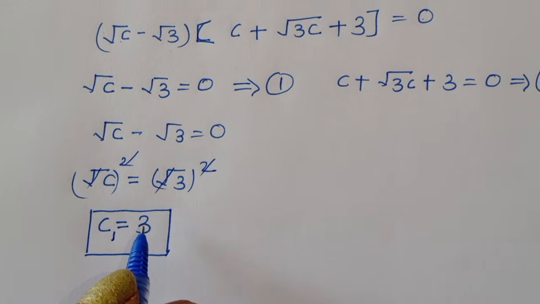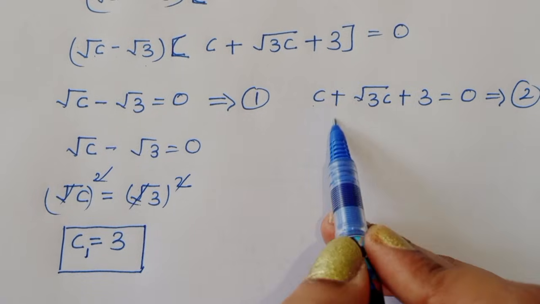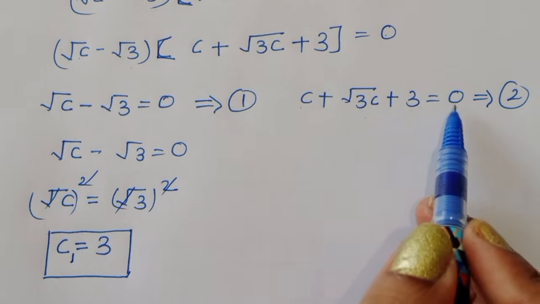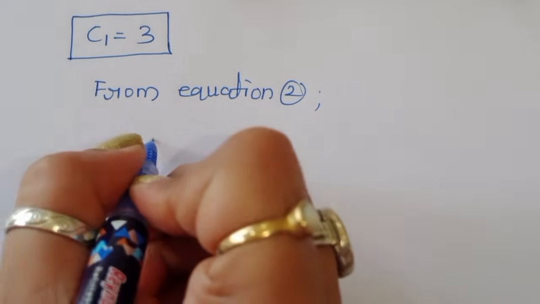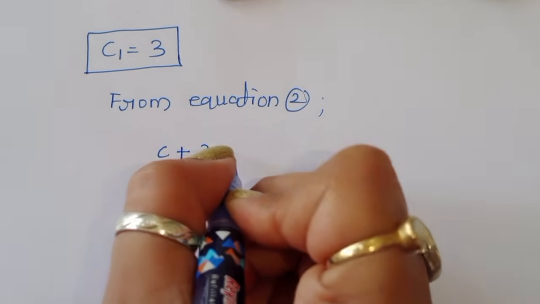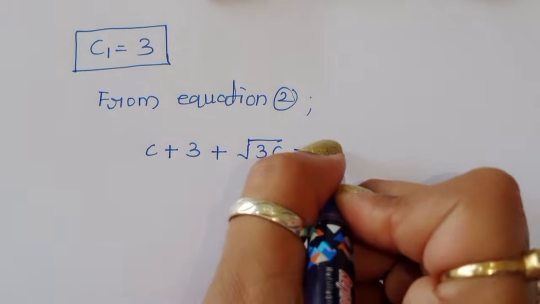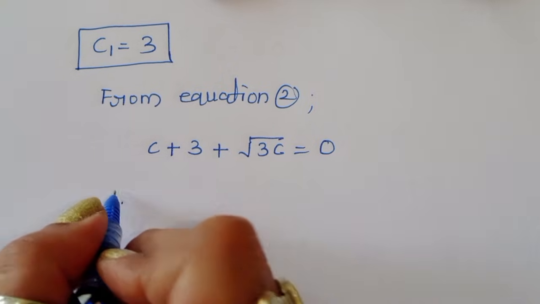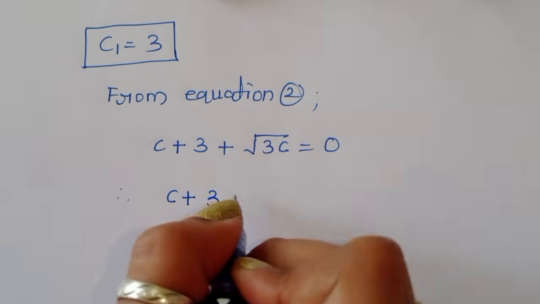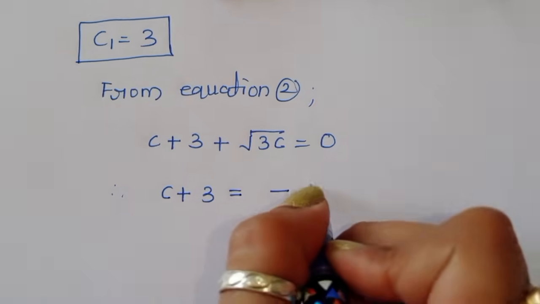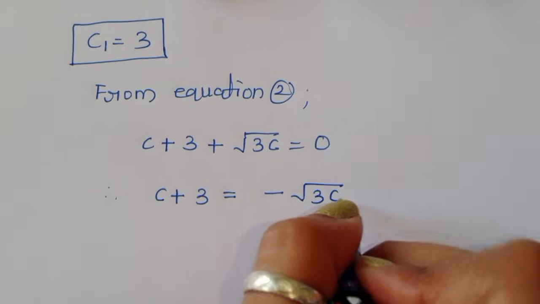Now we are solving case 2, or equation 2, that is c plus square root of 3c plus 3 is equal to 0. So from equation 2, c plus 3 plus square root of 3c is equal to 0, right? Therefore we can write c plus 3 is equal to minus square root of 3c.